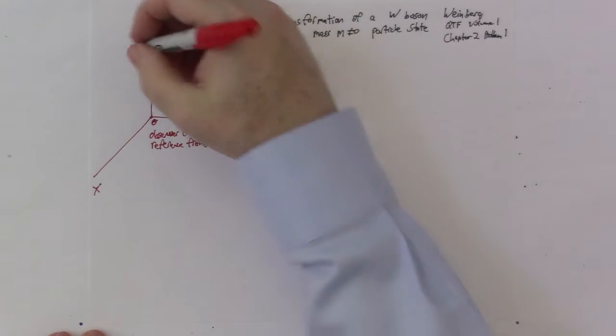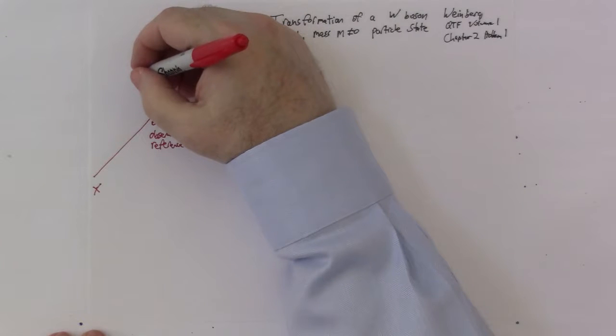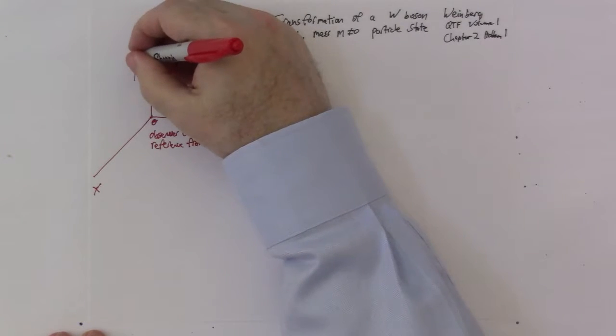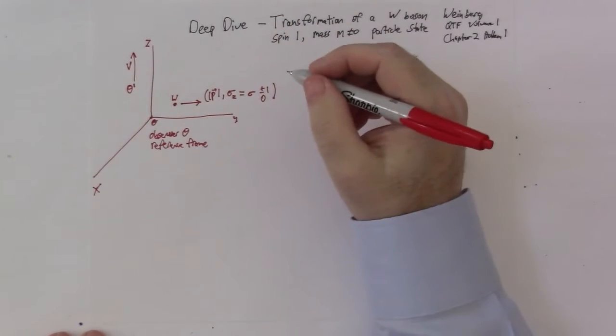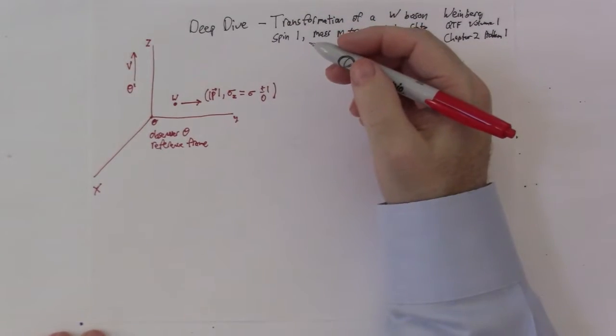Now, O also sees another observer, who's moving with velocity v, call it O prime, in the z direction.